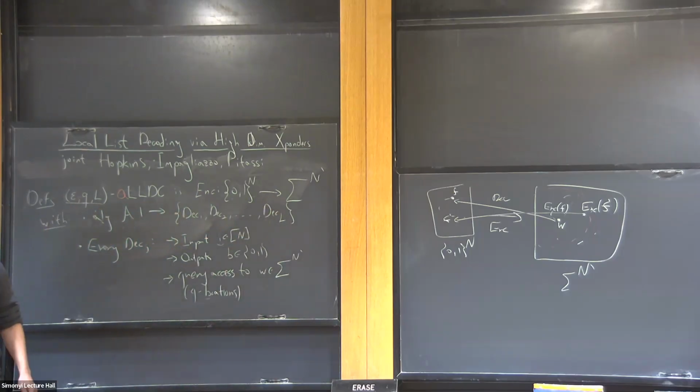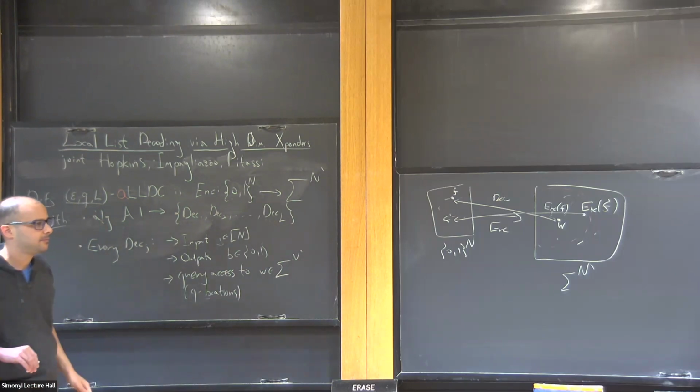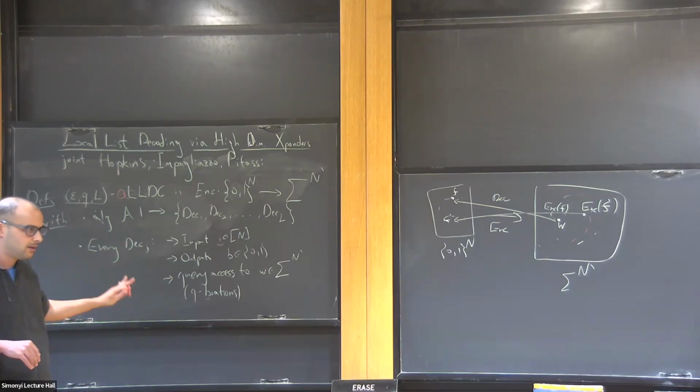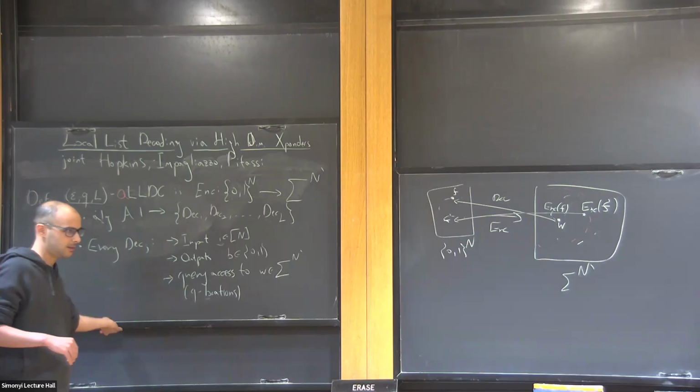And also, how do we think about these decoders? Are these circuits? Yeah, you should think about them as circuits. You can also think about them as algorithms. There's also a lot going on in what efficiency means besides the number of queries, which I'm sweeping under the rug because it's already, look at this definition, it's long.